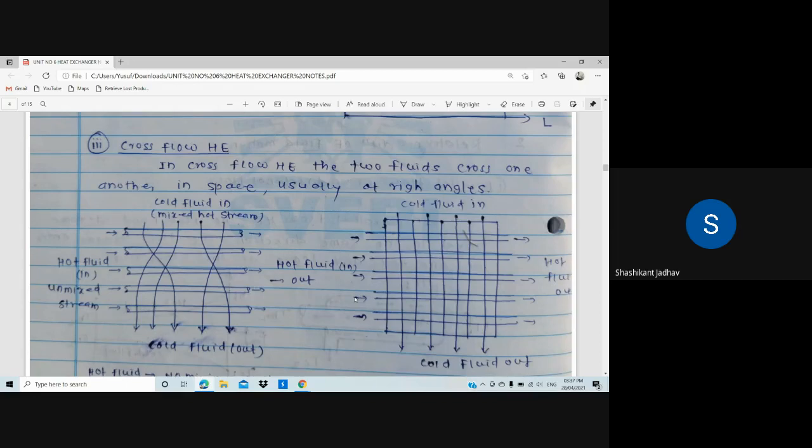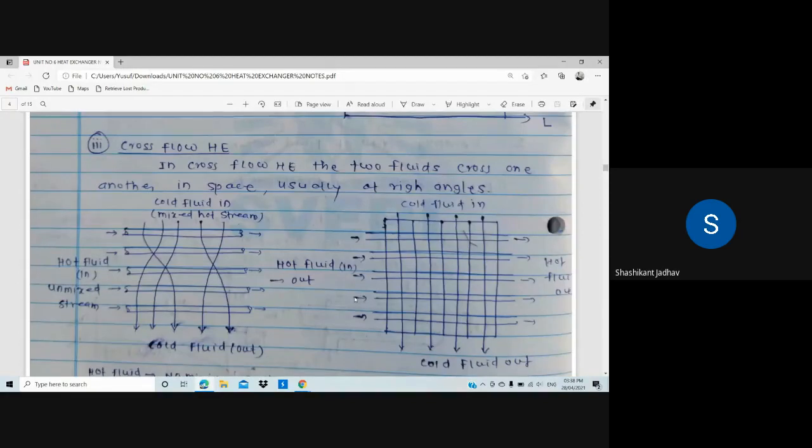Okay, so all of you write down, third type, cross flow heat exchanger.